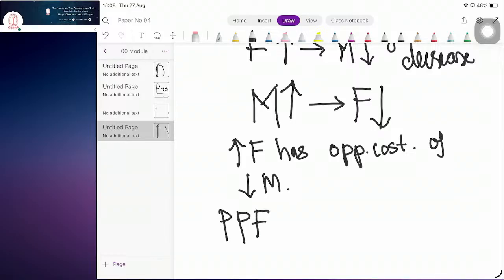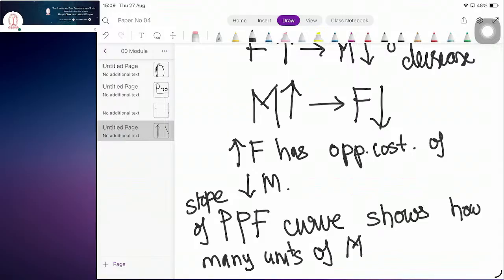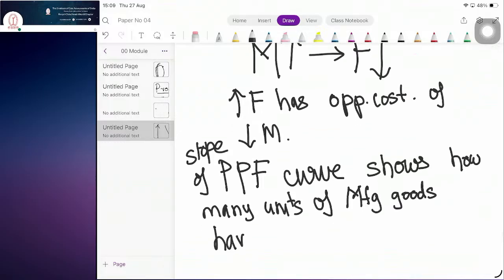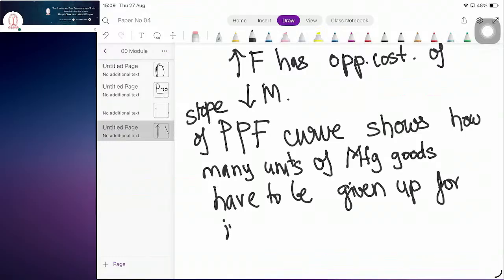The slope of the PPF curve shows how many units of manufactured goods have to be given up for an increase in production of food.